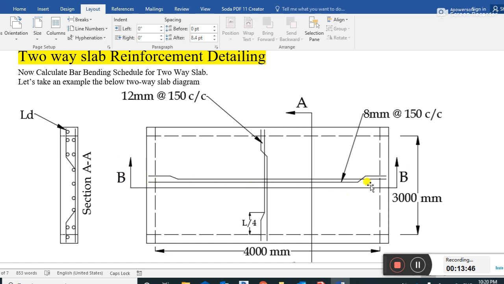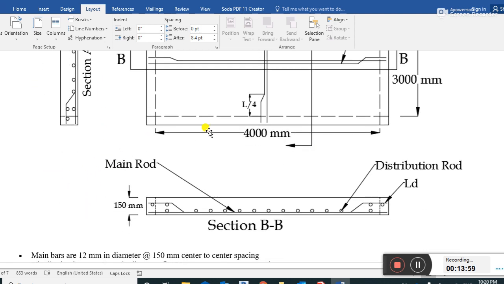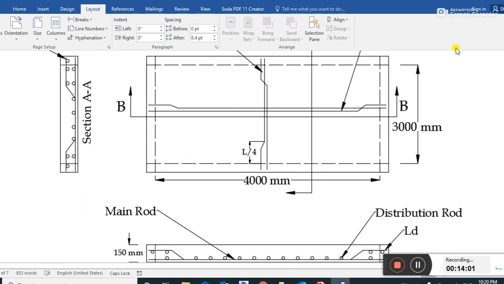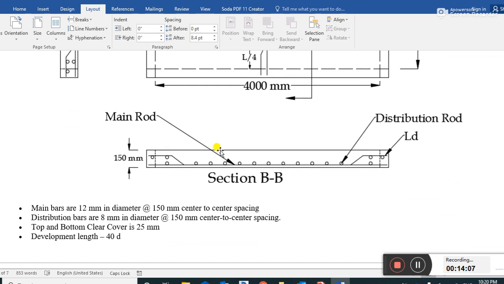This is section BB, and this is section AA. If we cut this portion, we can observe this side. This looks like this. And for section B, we cut the section and we see this direction. It looks like this, guys.